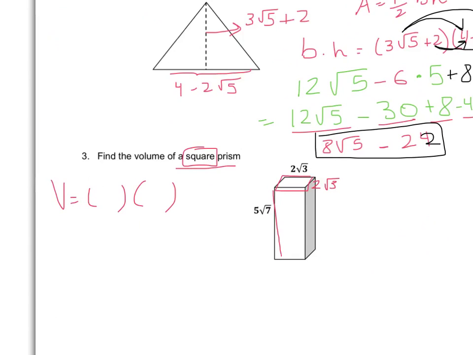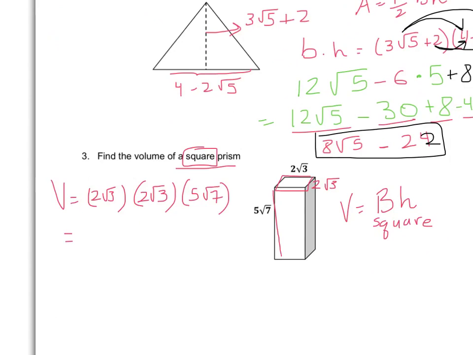So it's going to be 2 radical 3 times 2 radical 3, and then you multiply it by the height, which in this case is 5 radical 7. So remember, the volume of a prism is going to be the area of the base times the height. And the area of the base in this case, since it's a square, is going to be S times S.